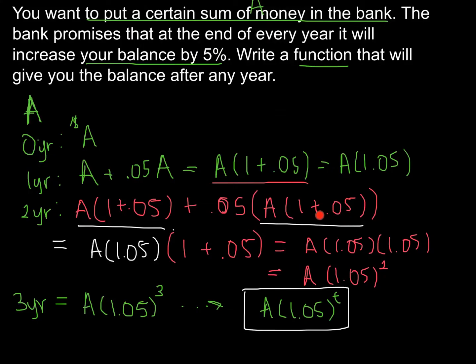We pull out the common factor, and we can now simplify to the point where we have just this 1.05 squared. But it's important to note that this 1 here represents the balance at the beginning, and this 0.05 is the added interest.